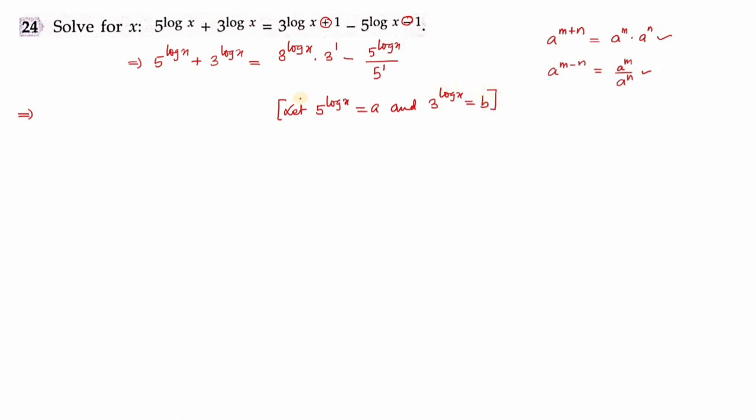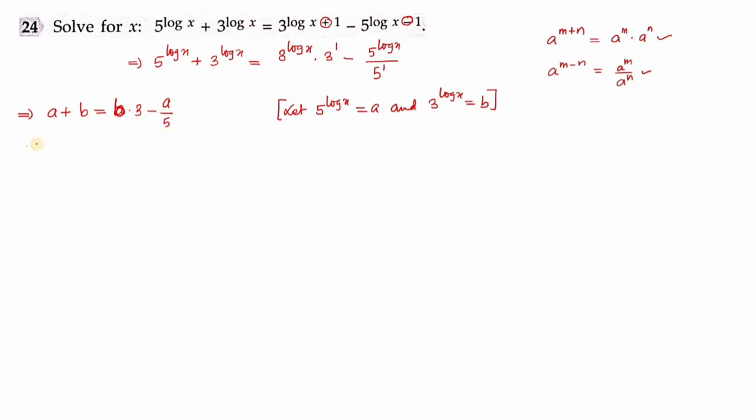So this is a plus b is equal to, 3 to the power log x is b, so it is b into 3 minus, 5 to the power log x is a, so it is a by 5 to the power 1, which is 5.